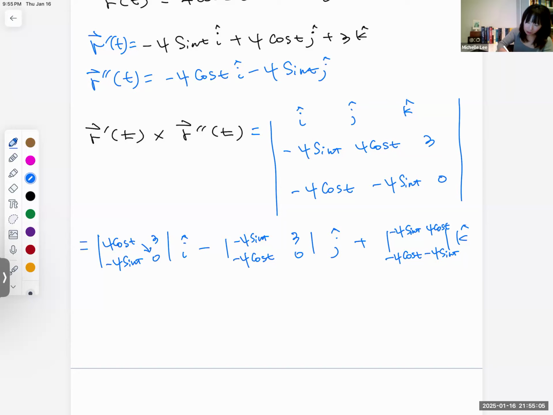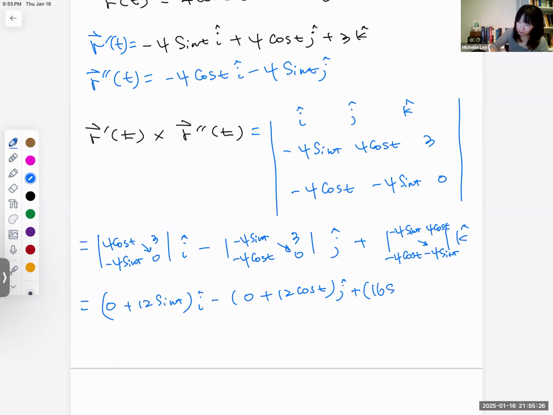So multiply 0 minus plus 12 sine t i hat. Good thing we have 0. 0 minus plus 12 cosine t j hat. And the last one plus 16 sine squared t minus plus 16 cosine squared t k hat, right?